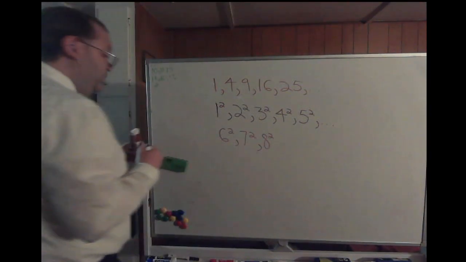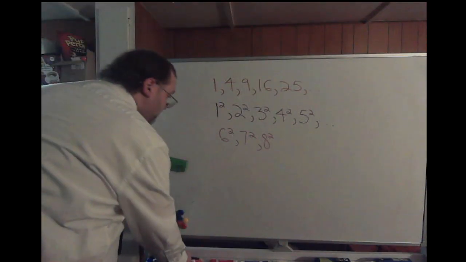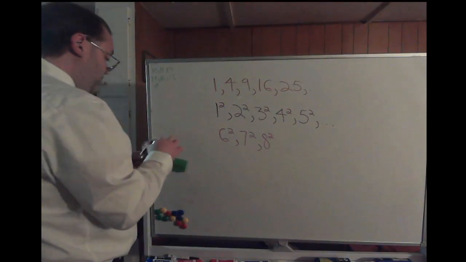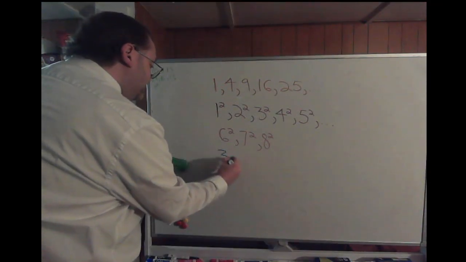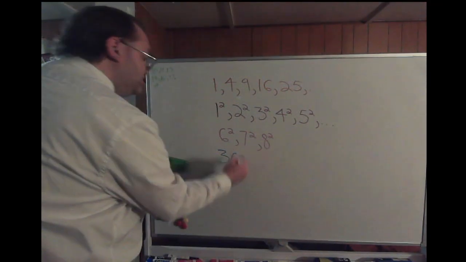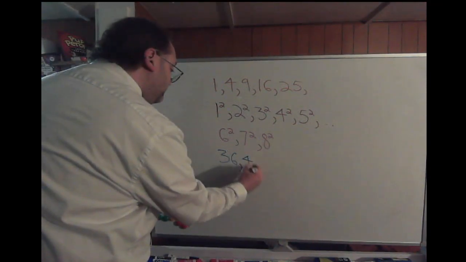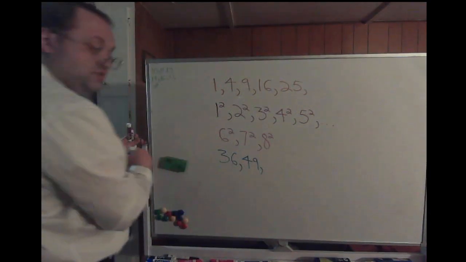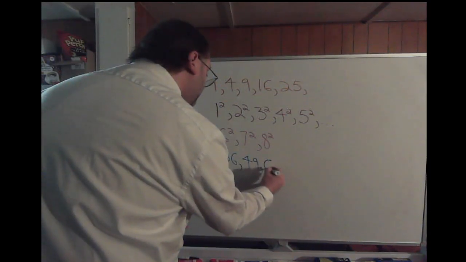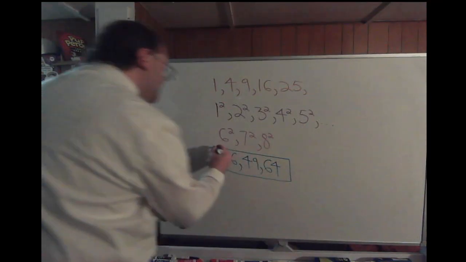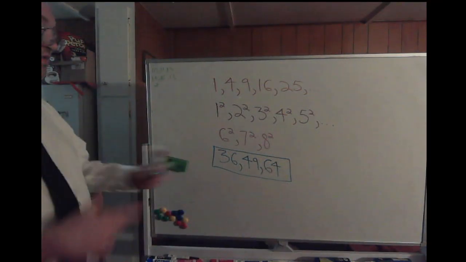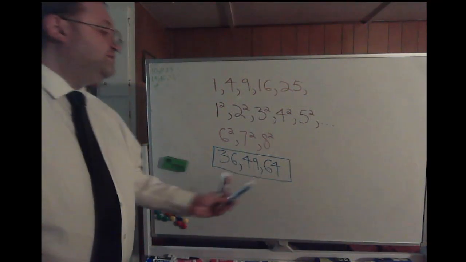But to put it the way the list wants it, we need to take each of these numbers to the second power, which would break down into 6 squared is 36, 7 squared, that's 49, then 8 squared, well, that's just going to be 64. So it looks like the next 3 numbers of the list here are 36, 49, and 64.